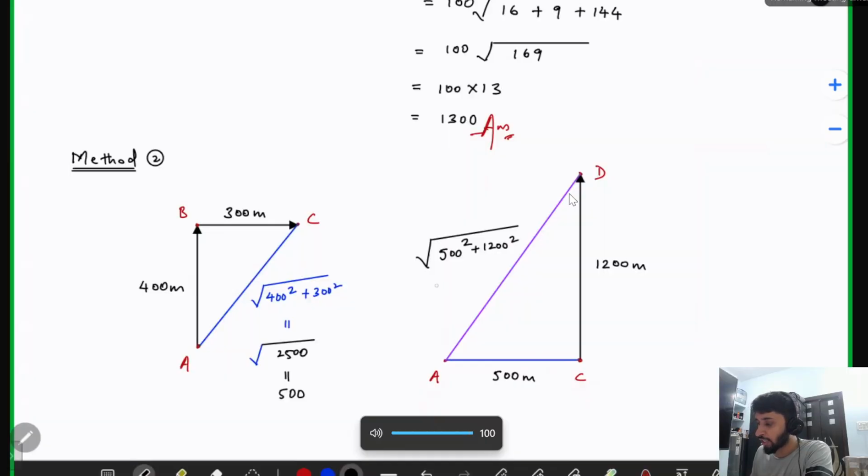We have calculated that earlier: 100 you can take common, and the square root of 169 will be there, and it comes out as 1300.